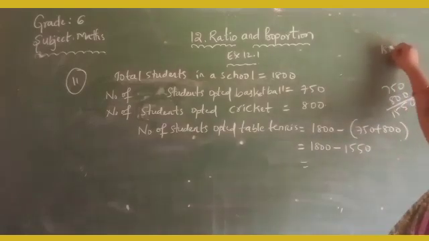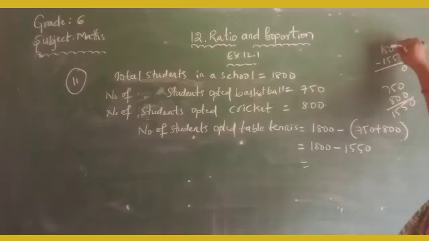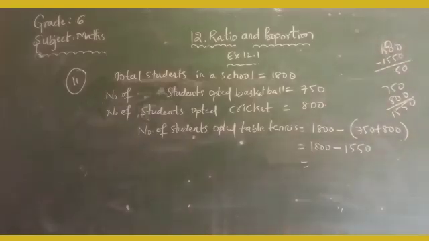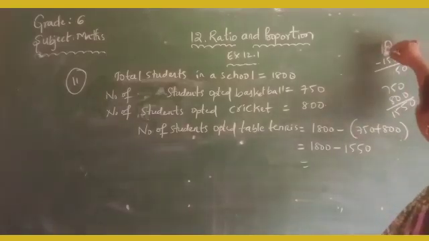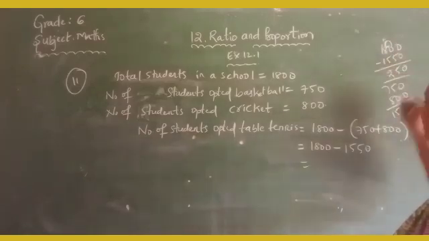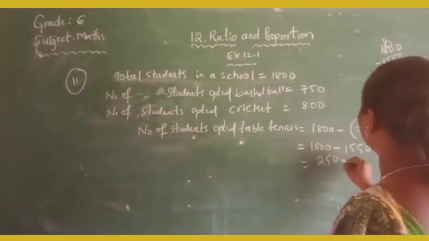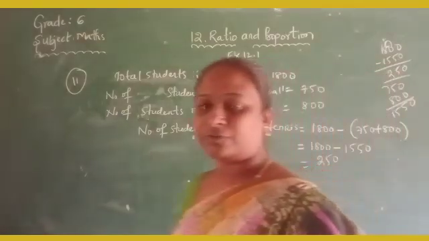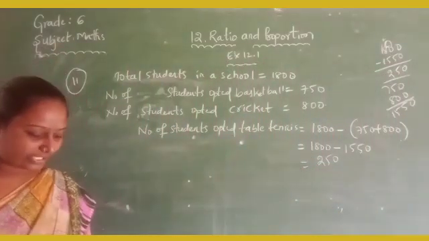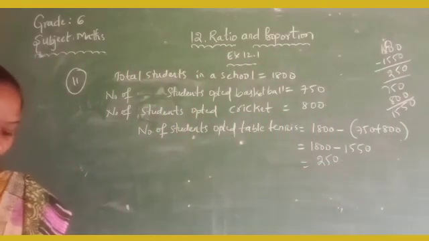Subtract 1550 from 1800: 10 minus 5 is 5, 7 minus 2 is 5. So 250 students opted for table tennis.